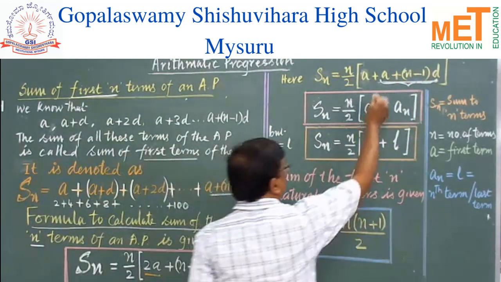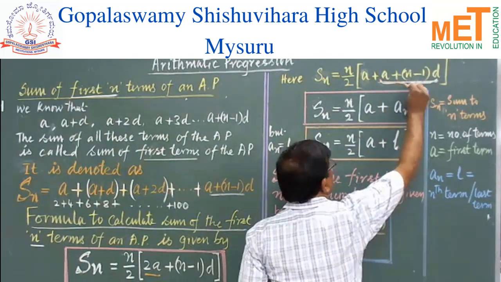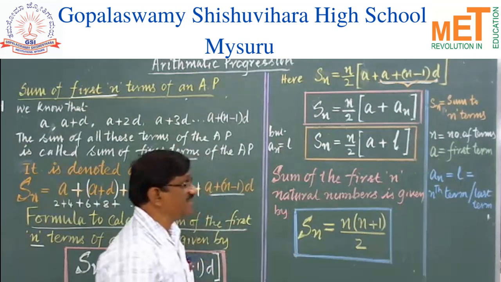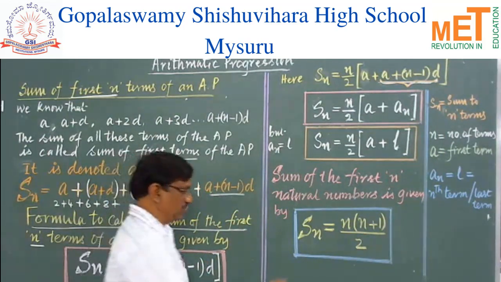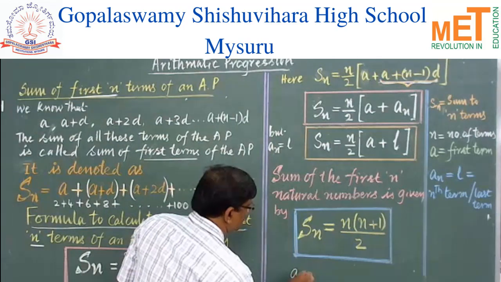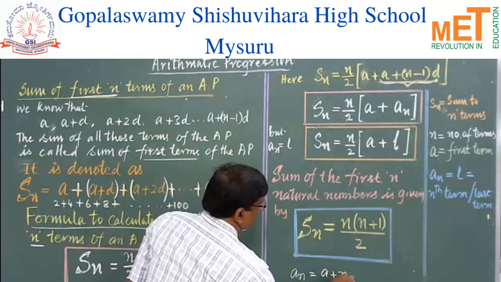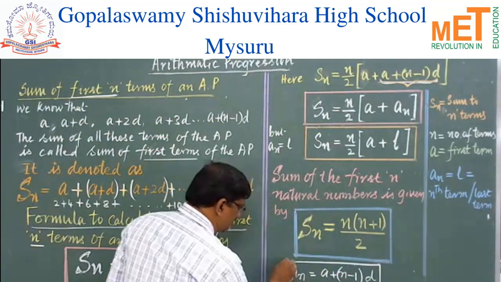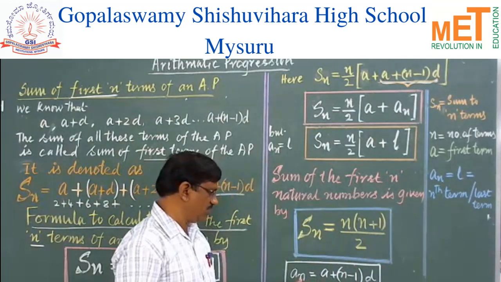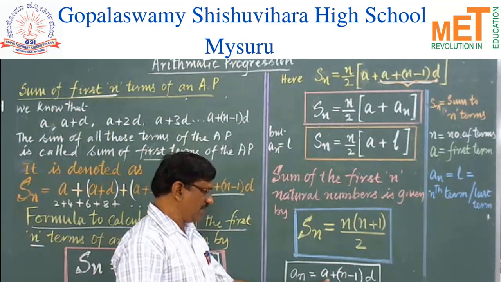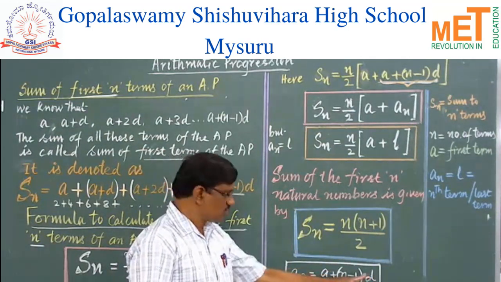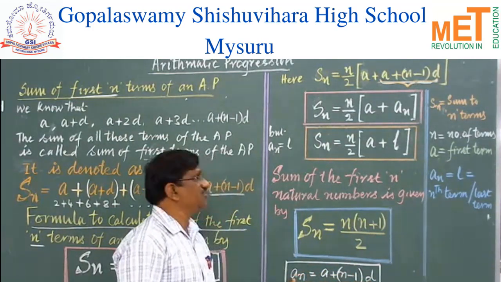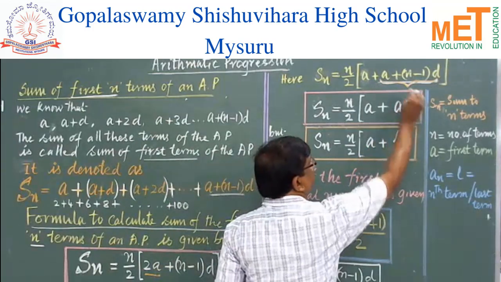You see, children, here this part, a plus n minus 1 into d, is nothing but the nth term of an arithmetic progression. As you know, an equals a plus n minus 1 into d. In the last session we have seen this. The nth term of an arithmetic progression is denoted by an equals a plus n minus 1 into d. So in place of a plus n minus 1 into d, we can substitute an. I have substituted here.